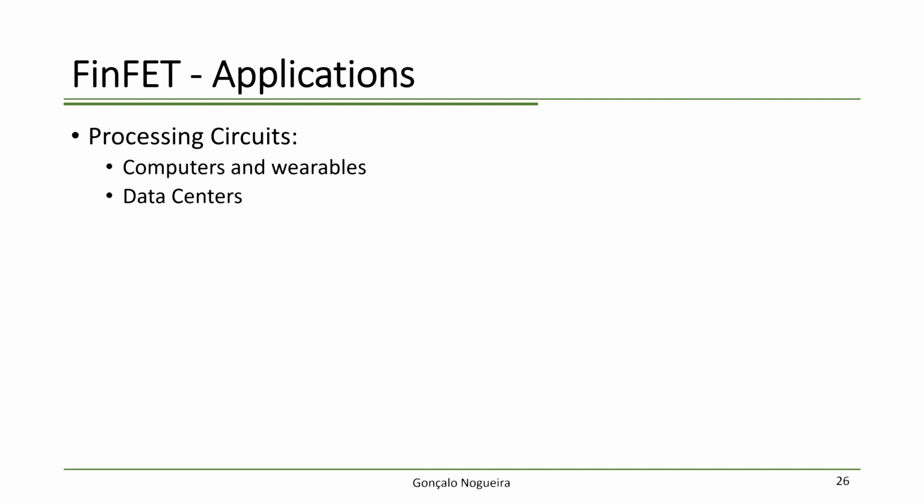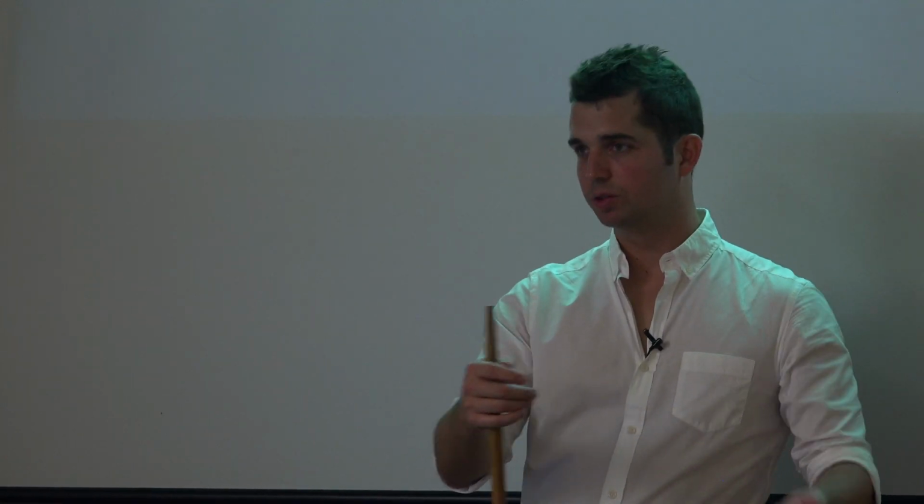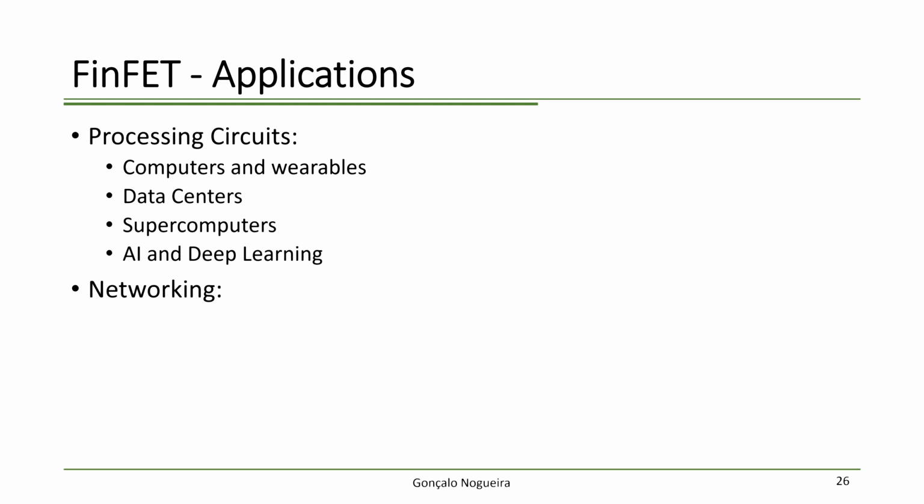It's used in data centers, supercomputers, AI and deep learning because they require a high processing power. Also, it's used for networking because, as small transistors, they have a lot of speed. And it's used in networking, which is the field which I work on. You have it in 5G and also on the physical layer of the internet.